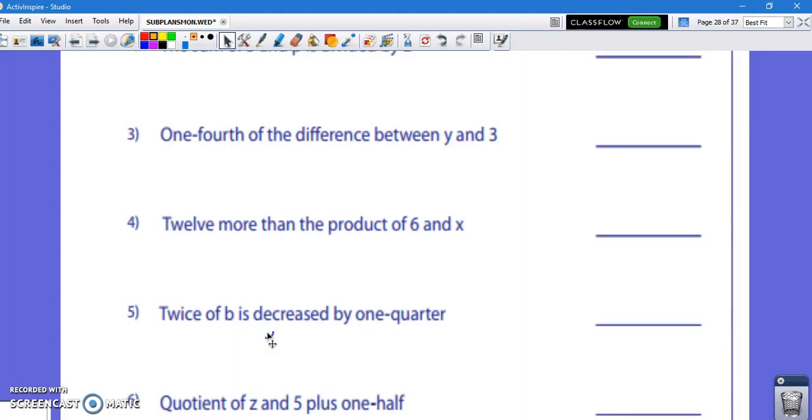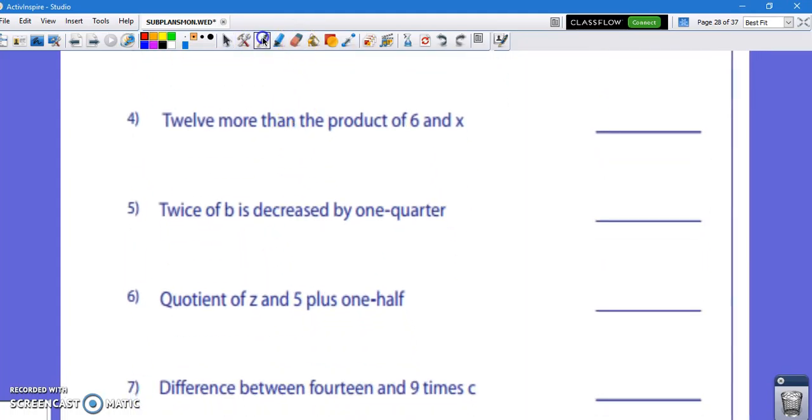So let me go back up to number 4 and do a few more of these. 12 more than the product of 6 and x. All right, 12 more than. This is not the inequality part, remember. So when you see than, it means that it's going to be on the end. The product, you know that means multiply, of 6x. So 6x plus 12.